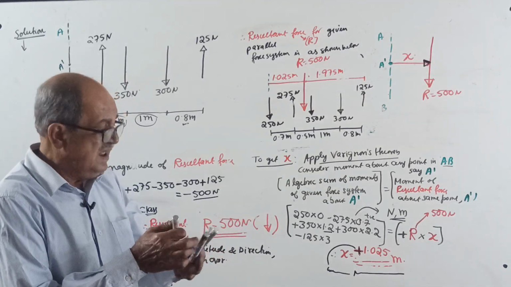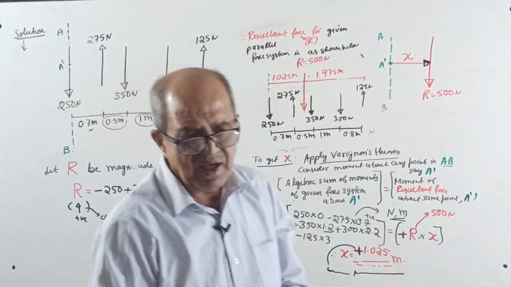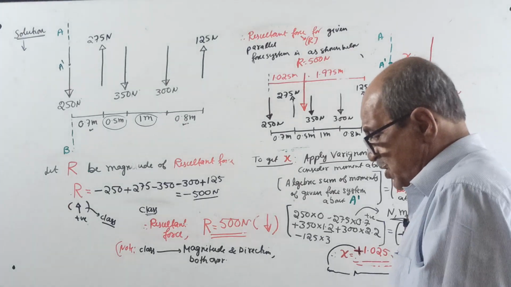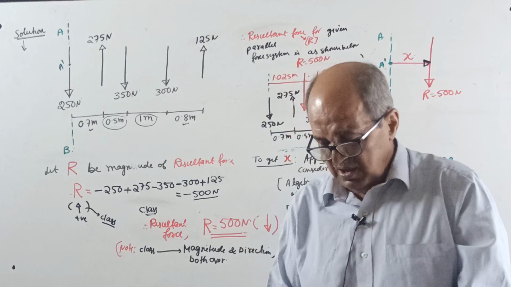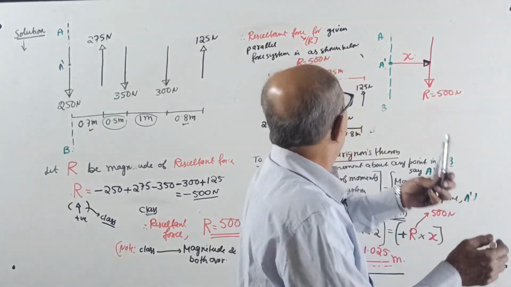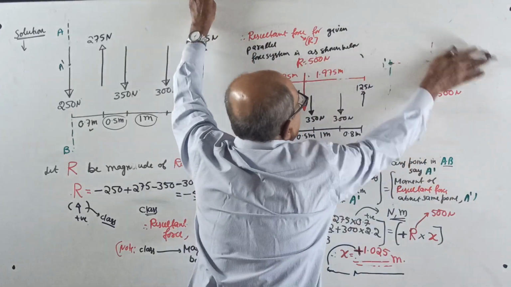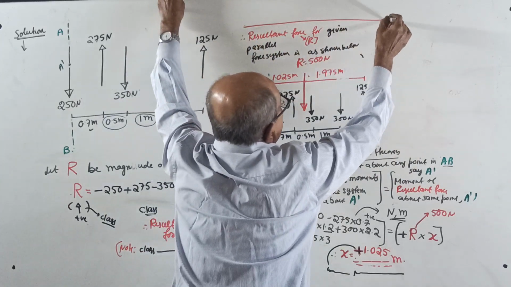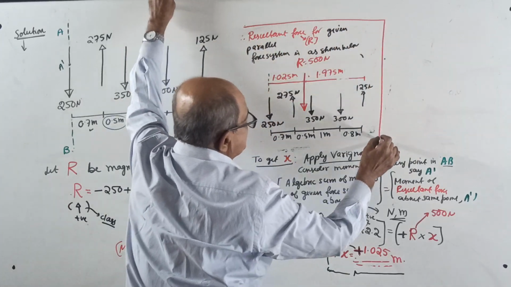Today's space problem is there. You write a bigger 1 meter. You see the camera, how big it is. Okay, reasonably okay. You write bigger. What I tell you, you should follow. This is the resultant for the complete force system. This I'll remove now. This is the final answer. Box it.